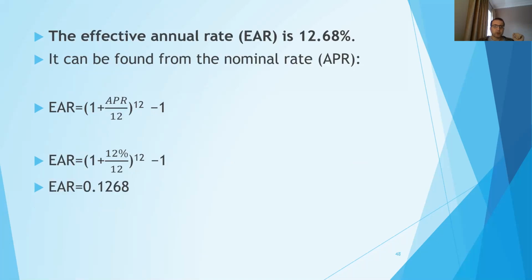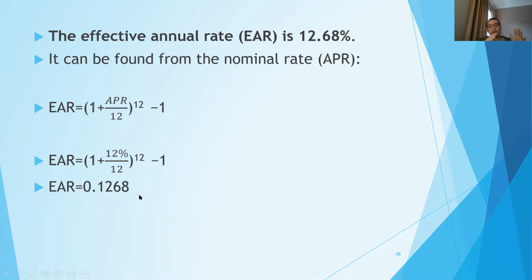So what's the effective annual rate? The second part of the question. The effective annual rate is based on the nominal rate divided by 12, because we have 12 periods in 1 year. We are looking for an annual rate for 1 year, so we have 12 periods in 1 year. Then 1% per period for 12 months is equal to 12.68%.